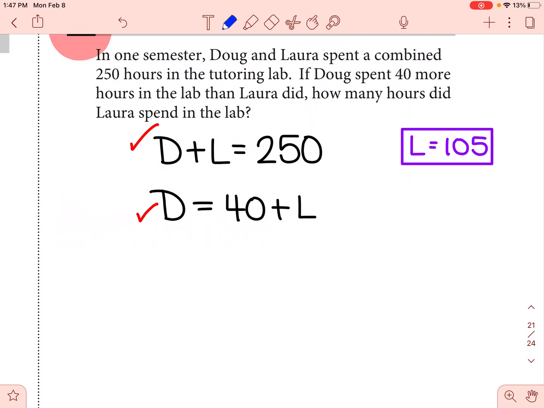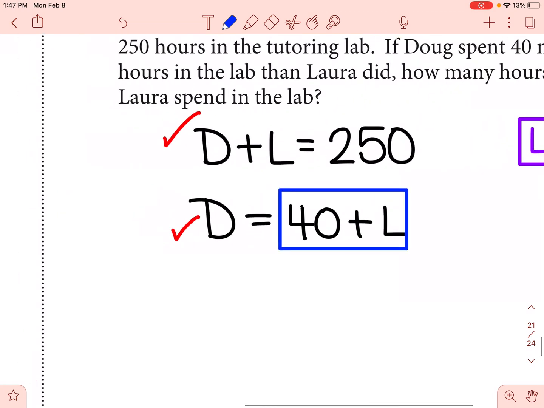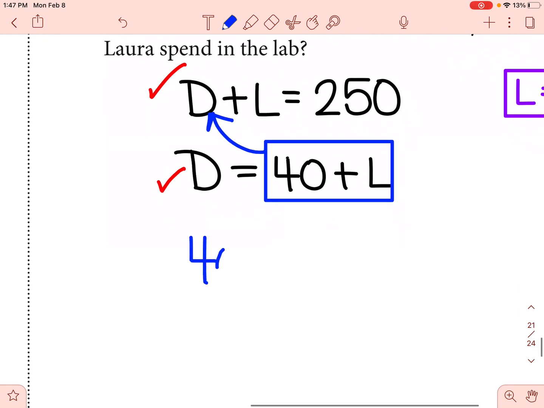But once you get it, it's just solving a system. So D is equal to 40 plus L. Let's replace the D in the first equation with 40 plus L, and then I still have that plus L equals 250.